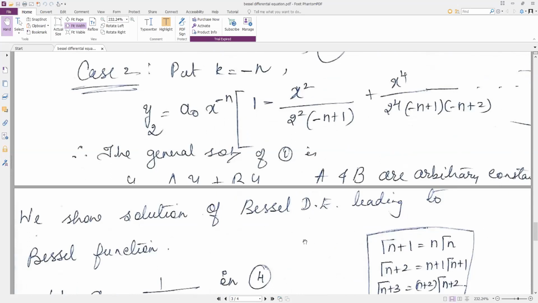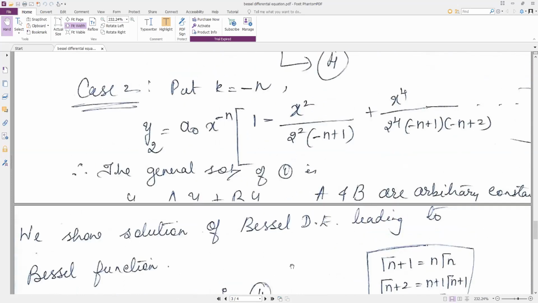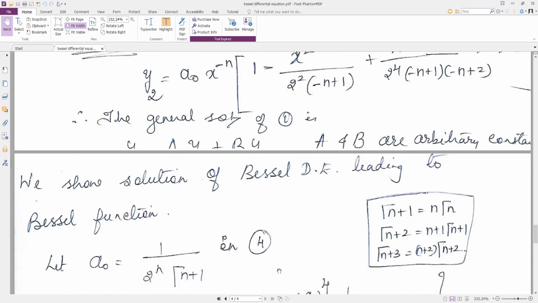Now we show that the solution of Bessel differential equation leads to Bessel function. So we will take now a general value for a naught, because we have assumed a naught not equal to 0. Let me take one value.